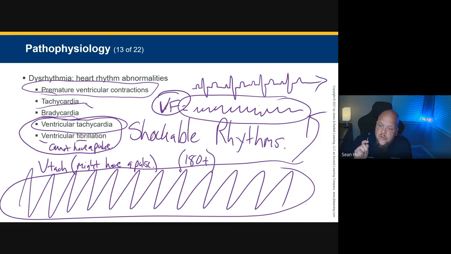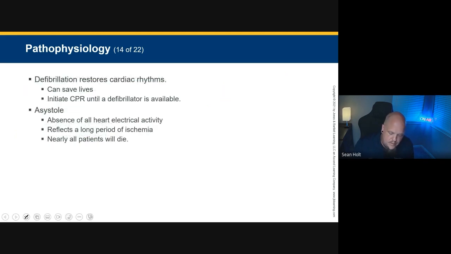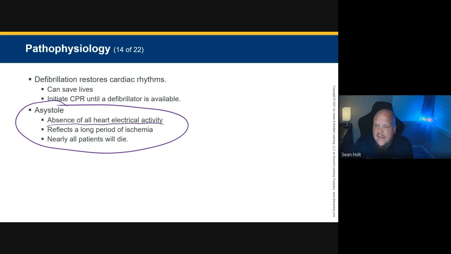Okay, if we get a shockable rhythm, that means we can have an intervention that may help. If we have asystole, which is that flat line, that is the absence of all electrical activity of the heart. Basically, it's just flat, okay? That means no electrical activity.